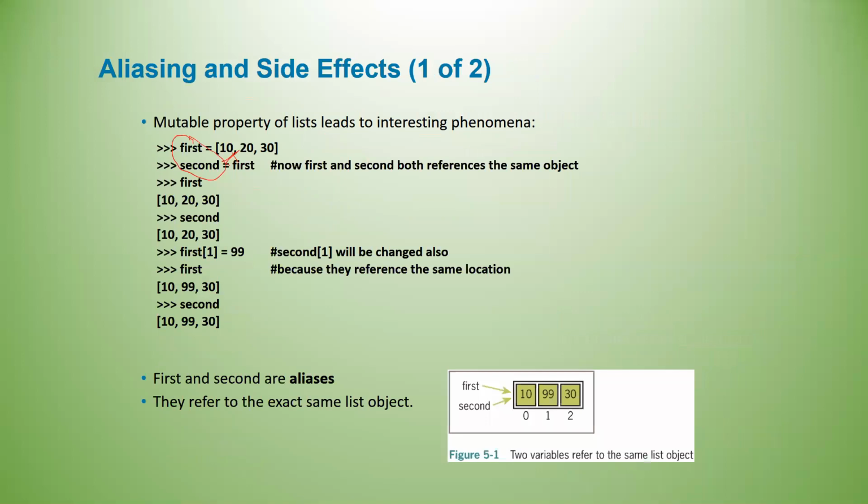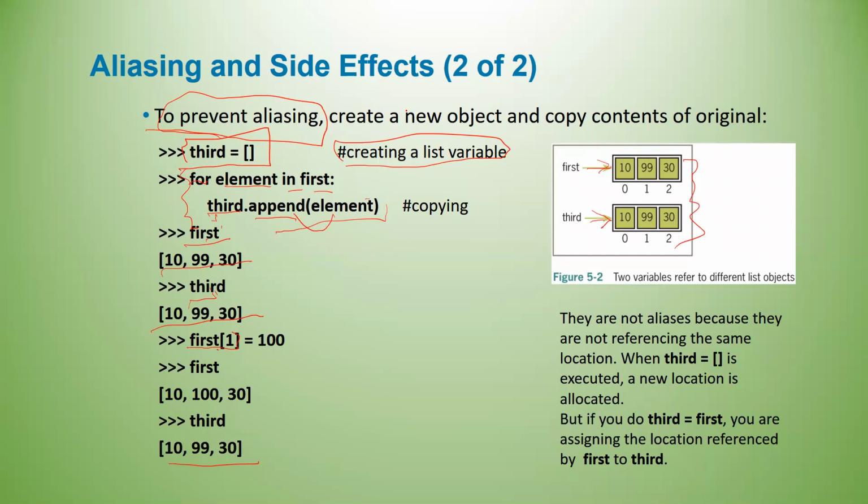If you do this, you are pointing to the same memory location, the same list. But when you copy, you are creating a different list variable. And so now you have two different lists. So if you change this one, it does not affect this list. Okay, that's what that is. Any questions?